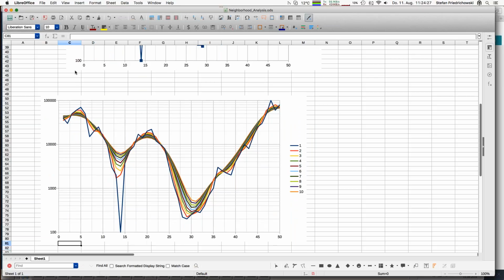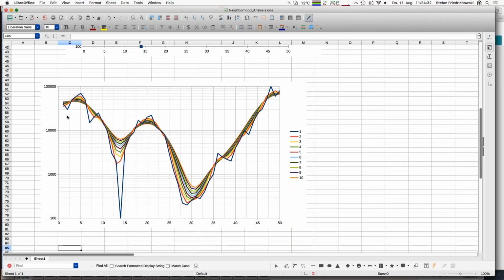Now within that graph, let's first focus our eye on the blue line. The blue line is simply the line which we have looked at first. That is the real value of the opti as a function of our parameter. And now you see what happens with those iteration steps.